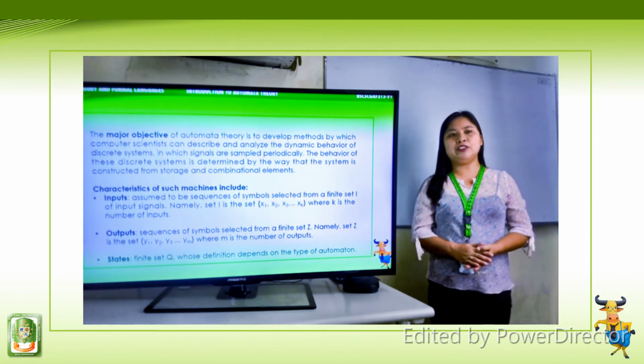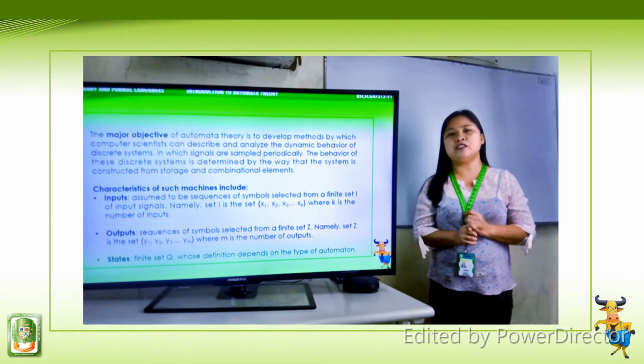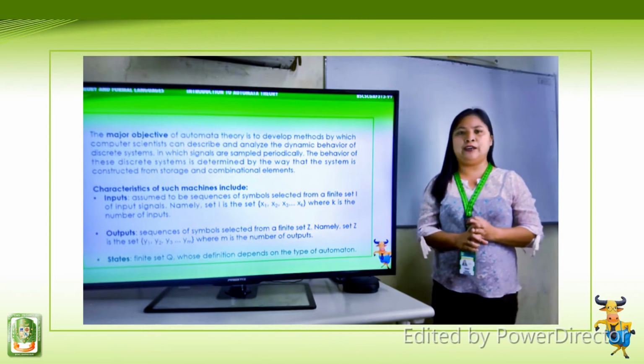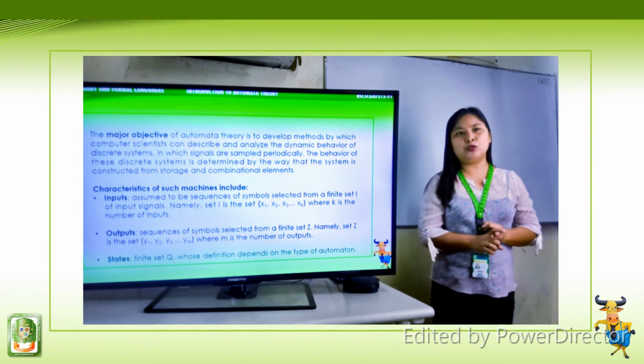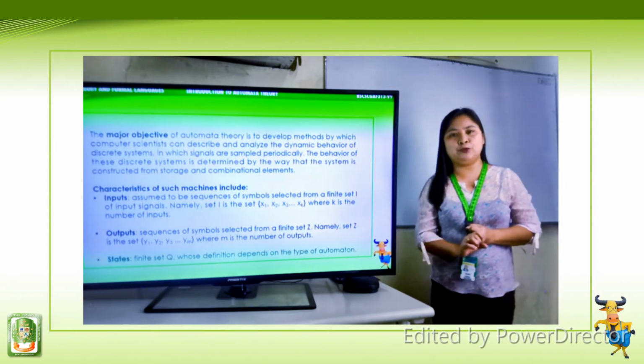The characteristics of such machines include, first, the inputs, then outputs and states. So those are the 3 characteristics of such machines.